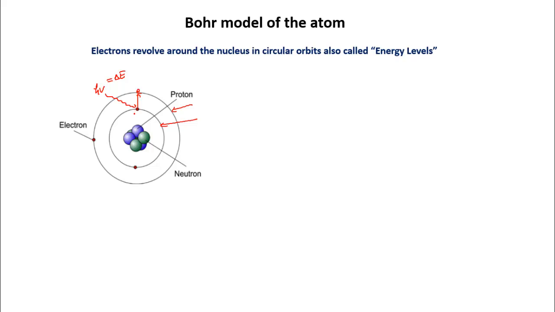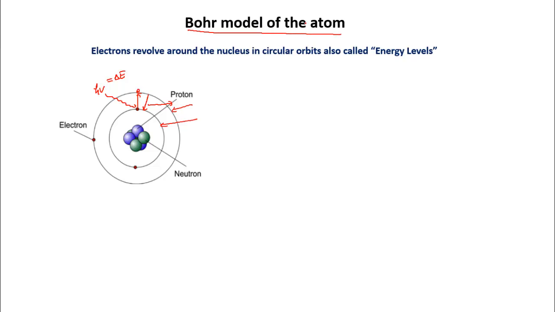So an electron from the lower shell can be excited to the higher shell by the absorption of energy. In the excited state, the electron is unstable and it will return to the ground state by the loss of energy. So electrons can be excited to higher energy levels, and from the higher energy levels these electrons can go back to the ground state. This is a very important concept that was put forward by Bohr.